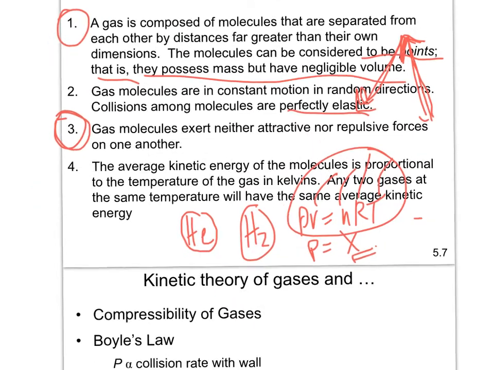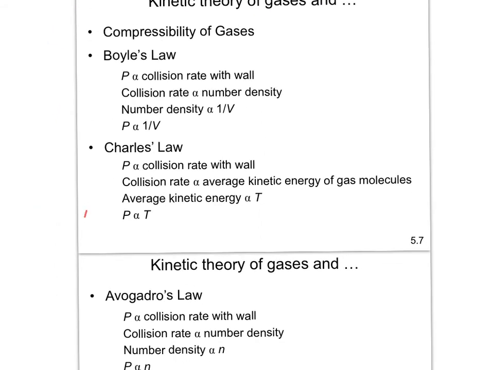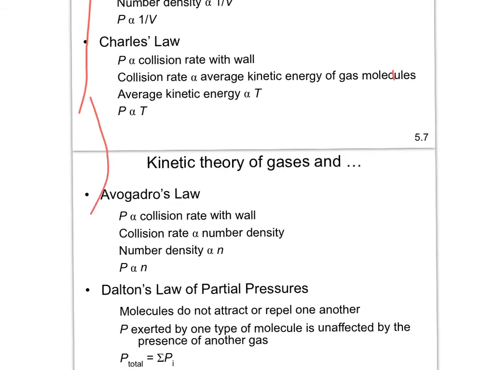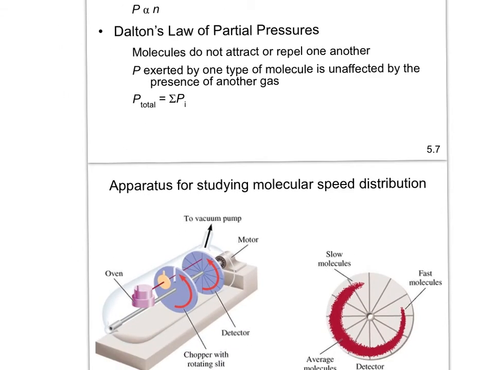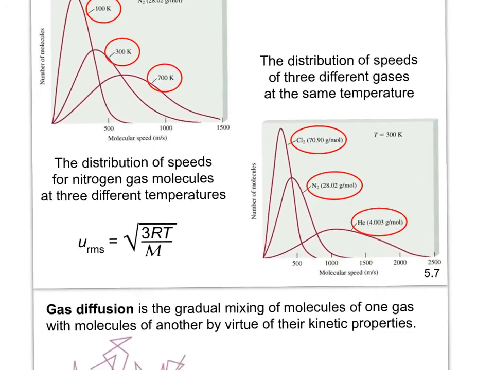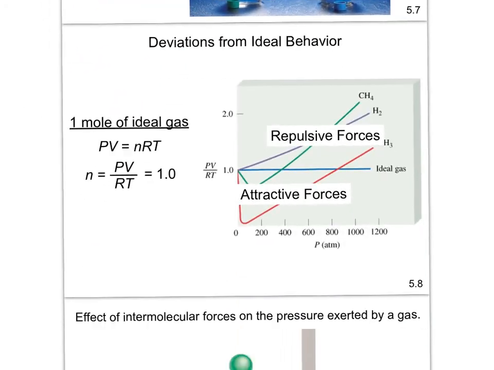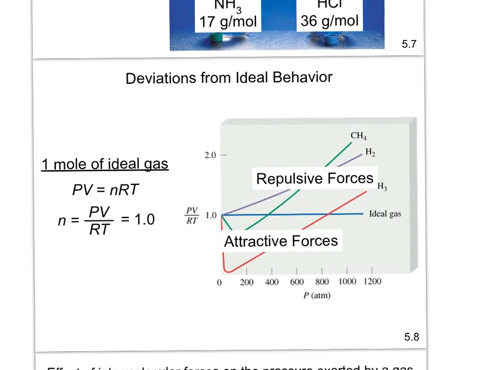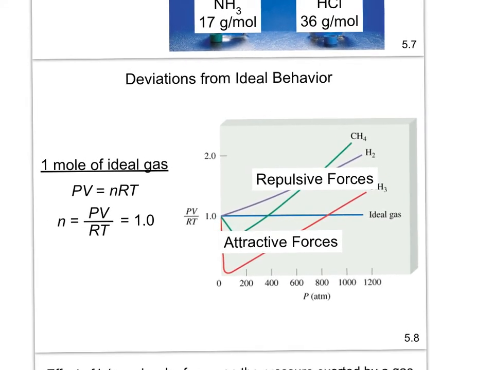Now let's take a look at the fact that some gases are less ideal than others. When I look at this, the blue line represents a value of 1.